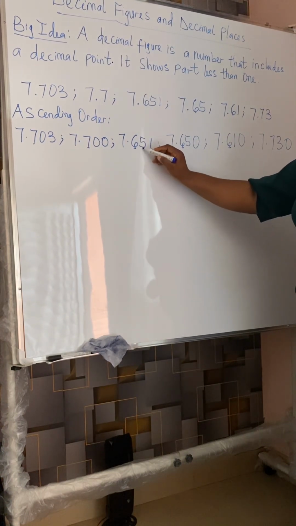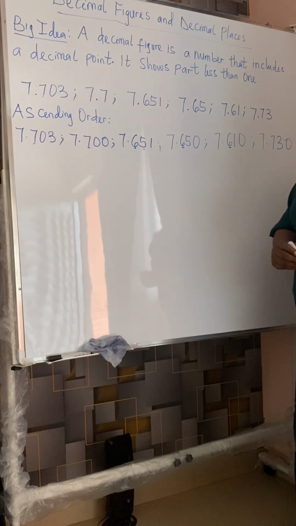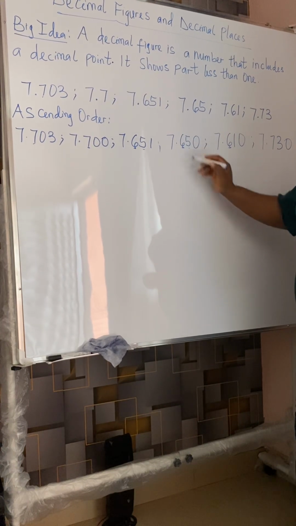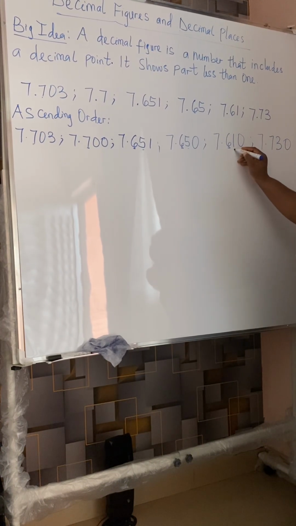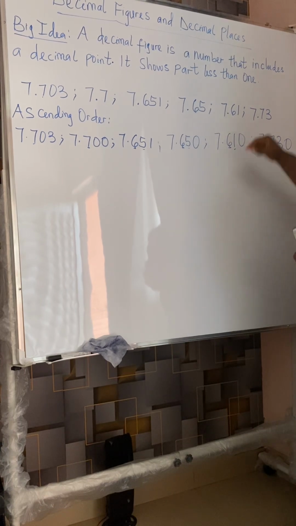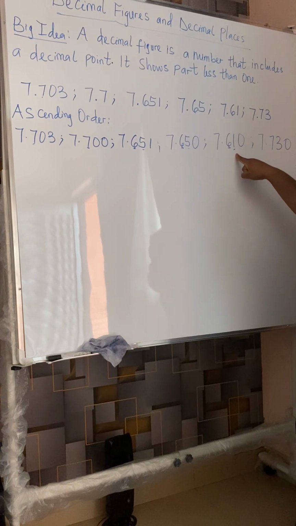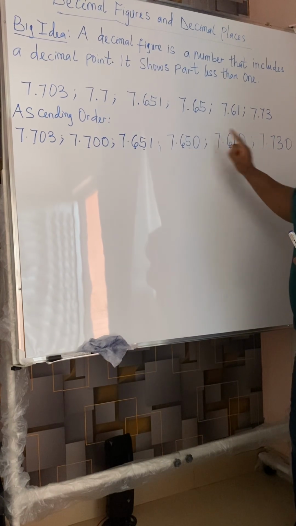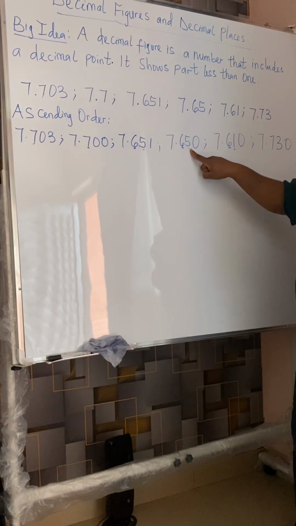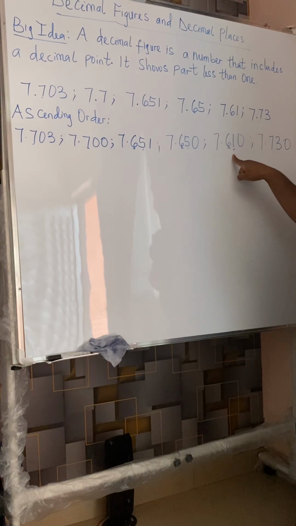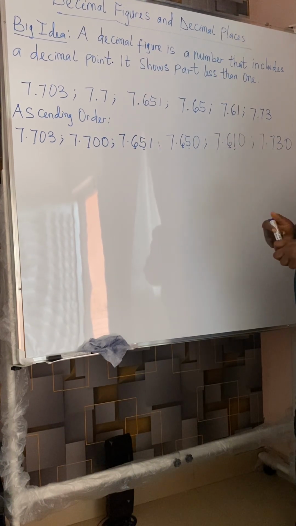Look at this hundredths. The hundredths is 5 here. The hundredths is 5 here. And the hundredths is 1. And you know, because they are all hundredths, 1 hundredth is smaller than 5 hundredths. So this one here is going to be the smallest number.